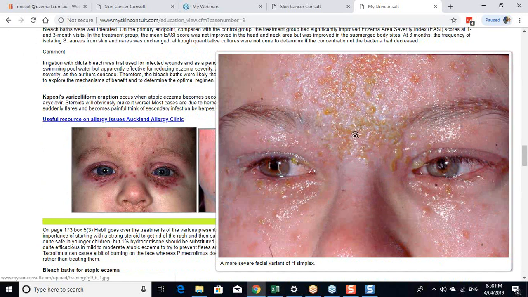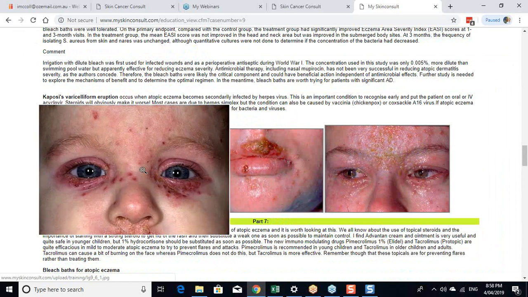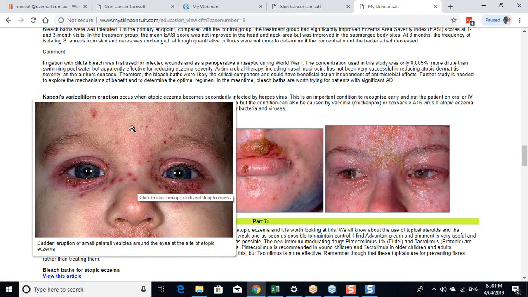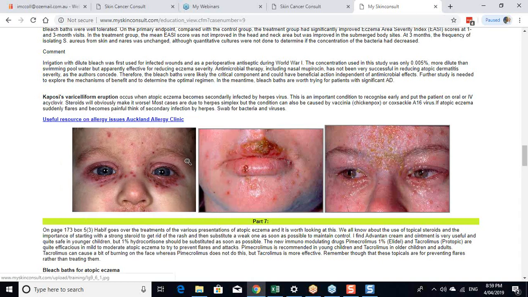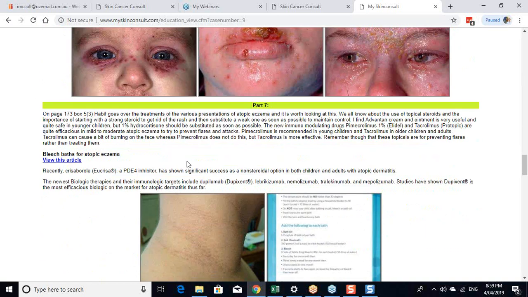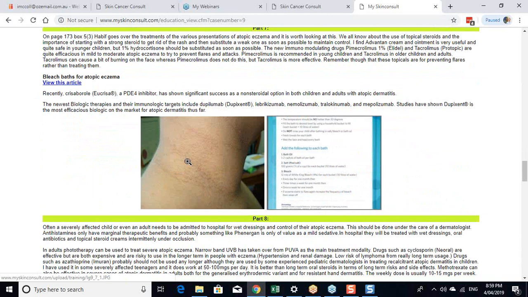Usually there are little ulcers, more like this particular case here, little punched out ulcers where the herpes virus has been. So it's important that you always look for secondary herpetic infection in an atopic who suddenly becomes worse and their skin is much more tender. Just consider that condition of Kaposi's herpetiform eruption.